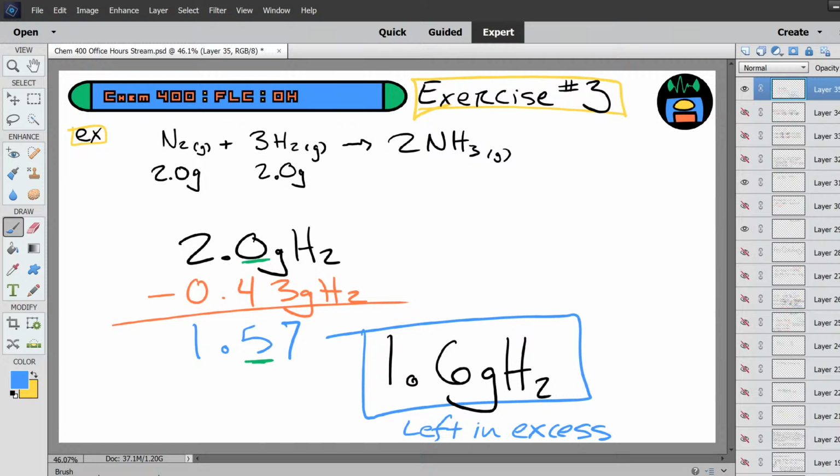Let's see. I don't think they give 2 billion pounds. I think that, but they do give a very large quantity in grams.